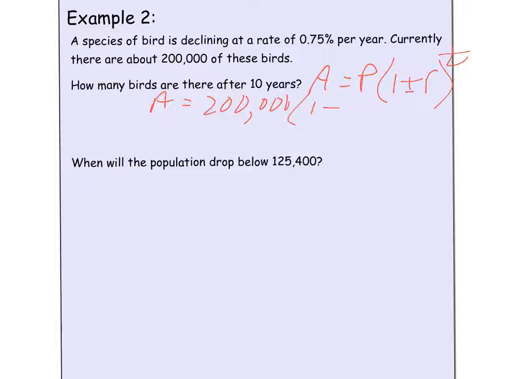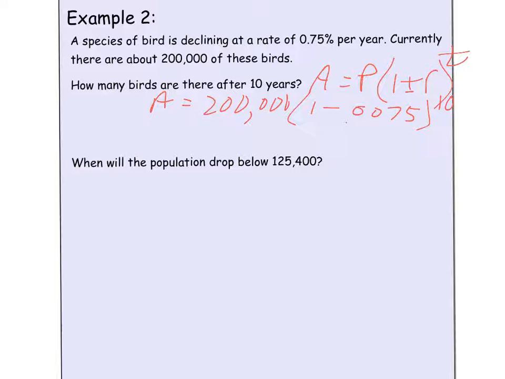Would it be 0.75? Okay, it's 0.0075, and my time once again is 10.